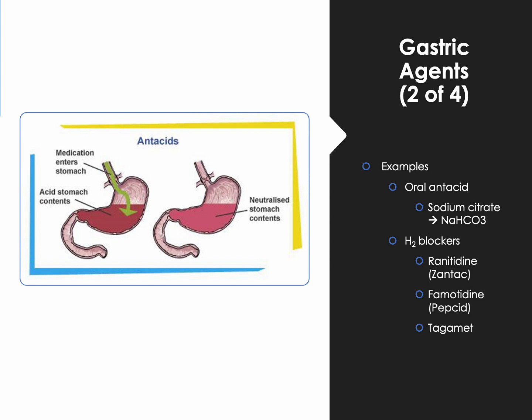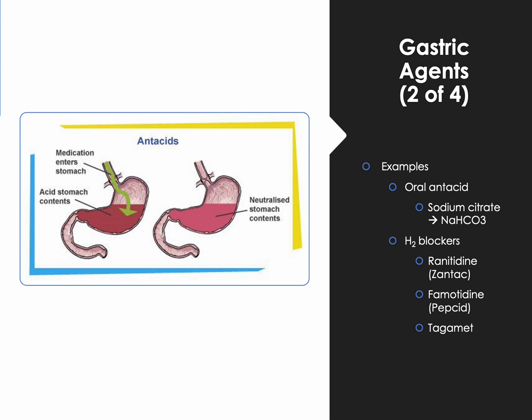So sodium bicarb is what is going to neutralize the acid in the stomach. Patients are typically given an oral dose of about 15 to 30 mLs. The onset is going to be immediate, and the duration is about 2 hours.